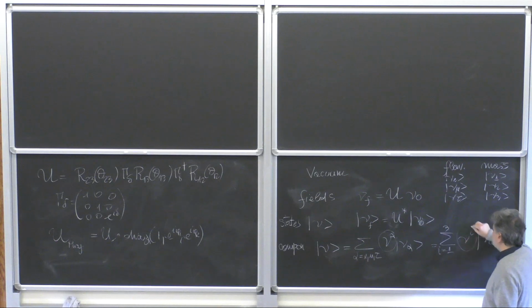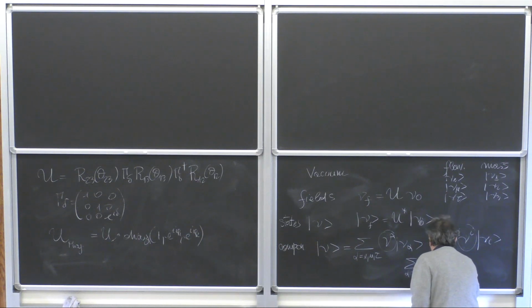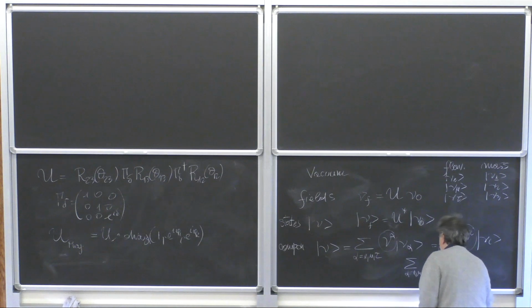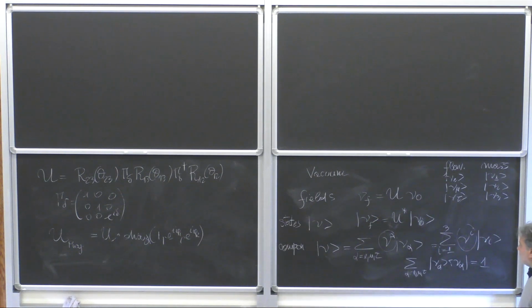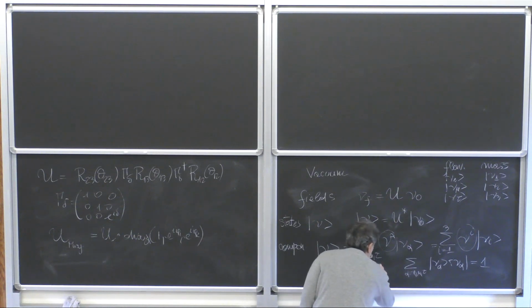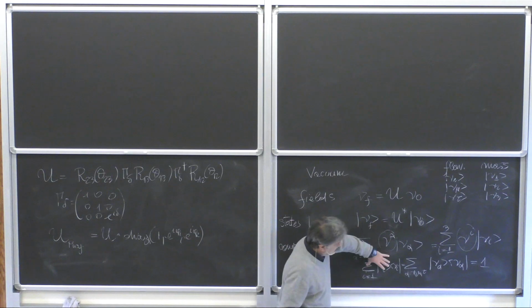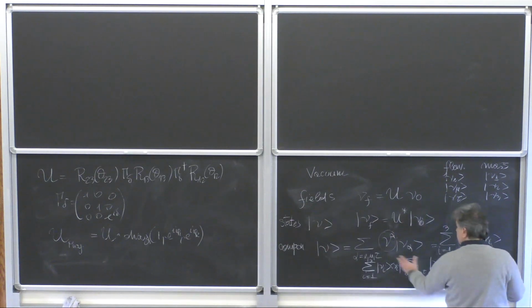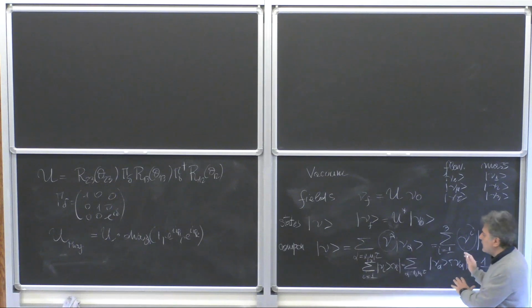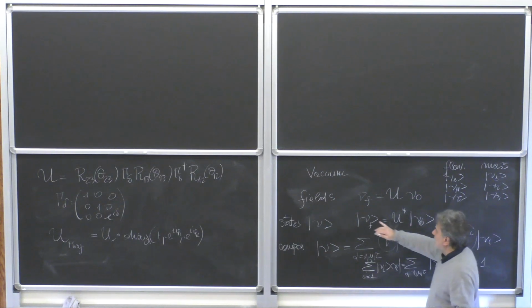Now, just by inserting the identity, the sum over alpha or the sum over i for 1, 2, 3, which is by definition the identity, you can prove that the components will transform again like fields.